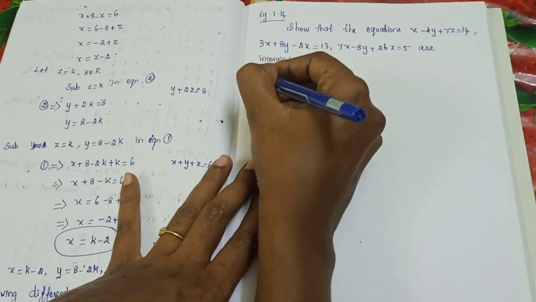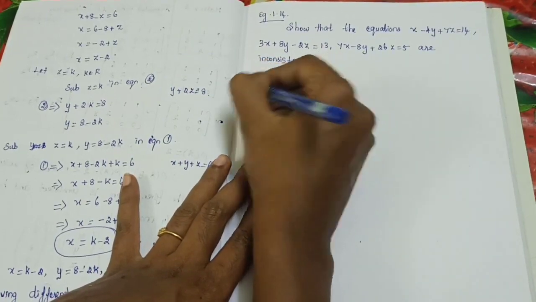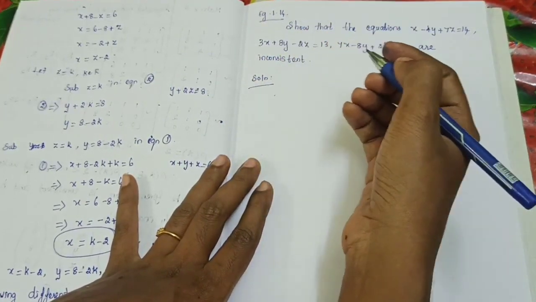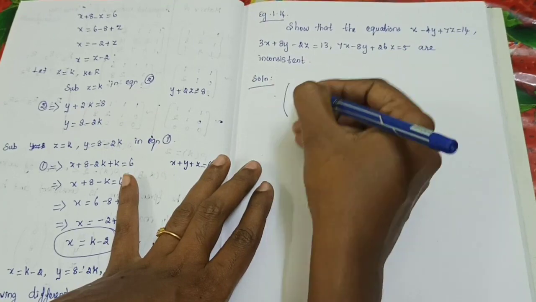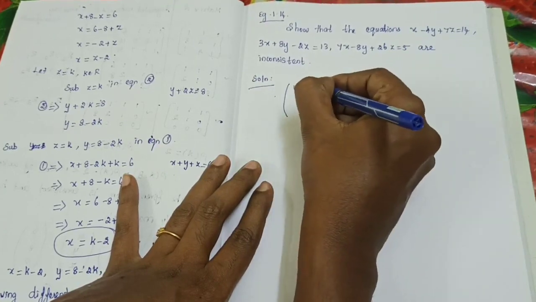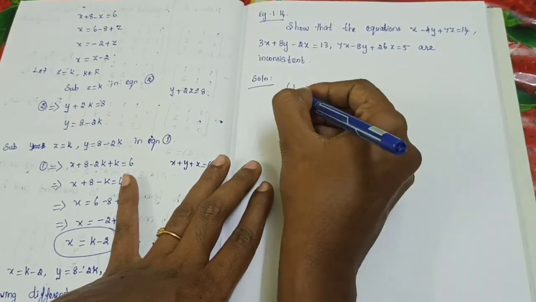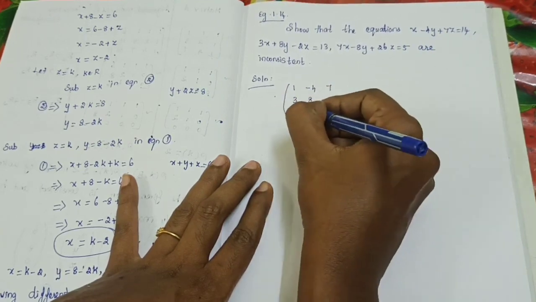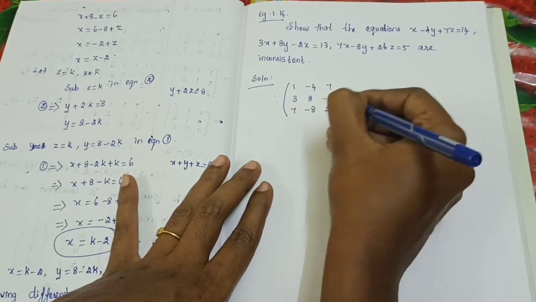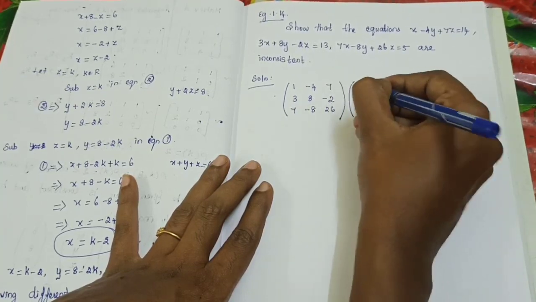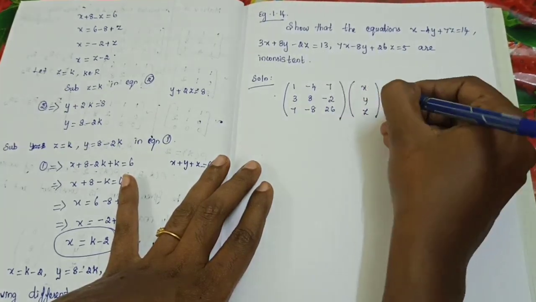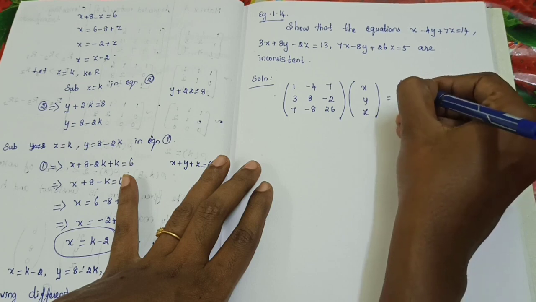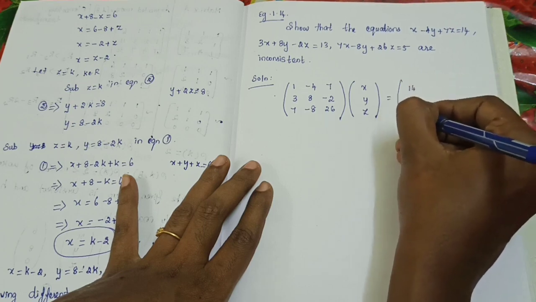Understand? Solution. First, we are going to rewrite this in the form of Ax is equal to b. That is 1, minus 4, 7, then 3, 8, minus 2, 7, minus 8, 26, then x, y, z. So, x, y, z is equal to 14, 13 and 5.